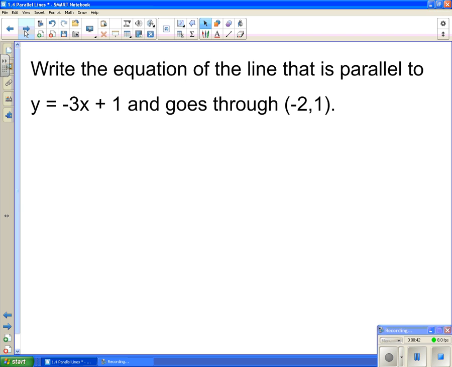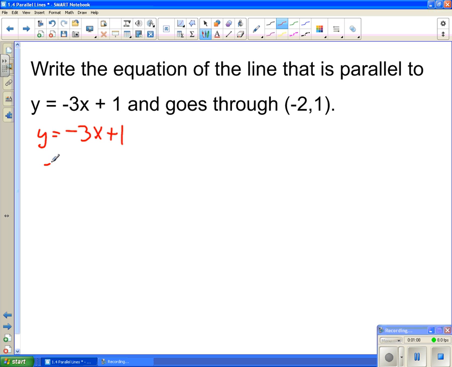First we have y equals negative 3x plus 1. And I want to write the equation of a line that's parallel to this line, and it goes through the point negative 2, 1. So the first step is going to be to look at your given line. The given line was y equals negative 3x plus 1. What I want to do next is determine what the slope is of this given line.